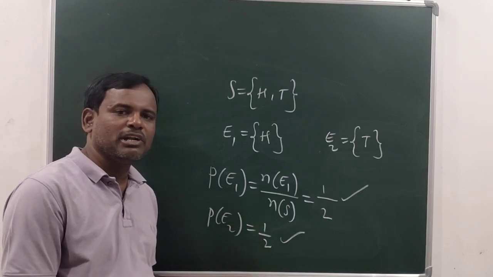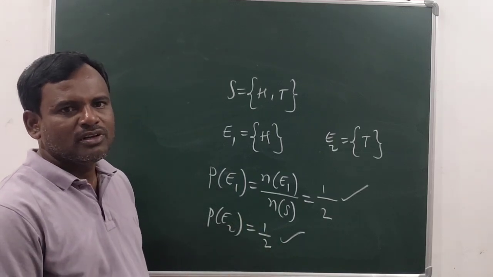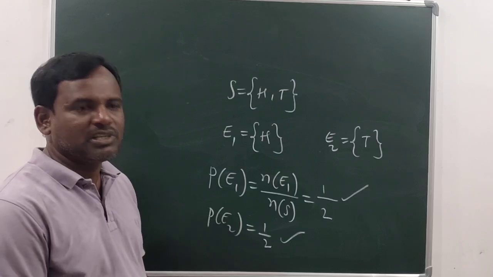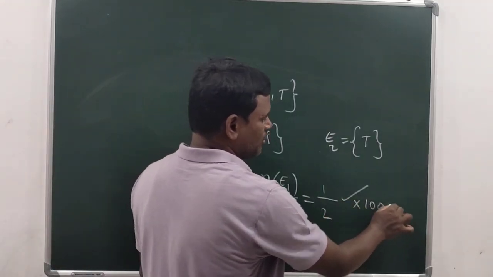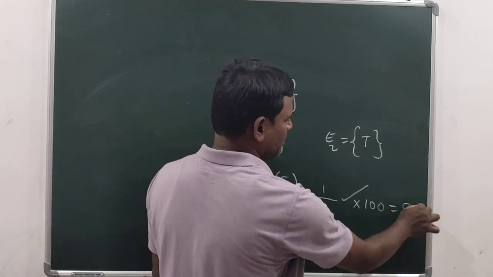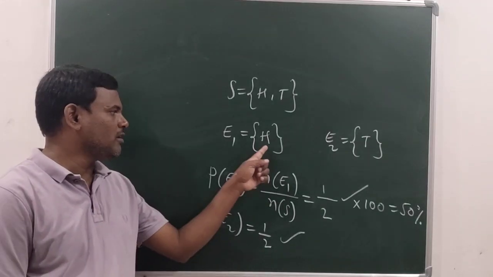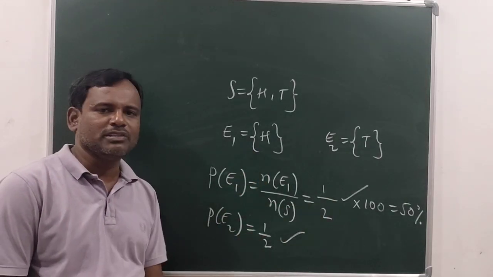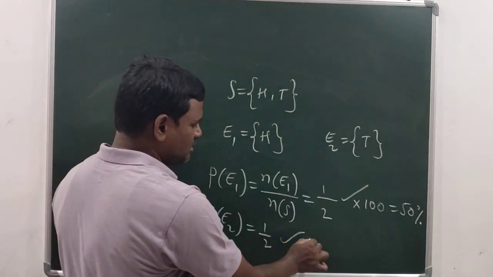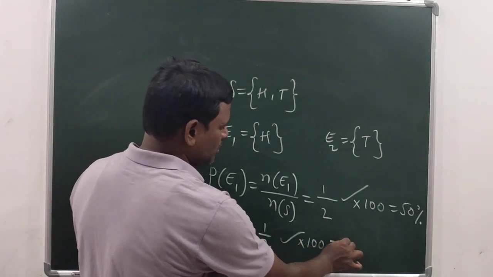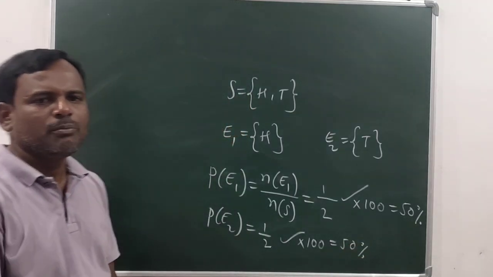After getting the probability, multiply with 100, so that these chances convert into percentages. Here you got 1 by 2. So multiply with 100, so that you will get 50%. How much percentage of head we may get? 50%. Even this one also you can convert into percentages. Simply multiply with 100, so that these chances convert into percentages.